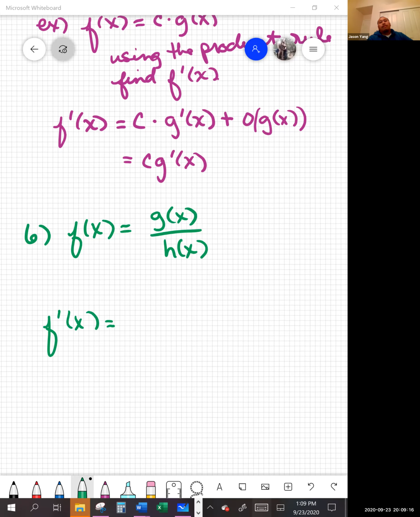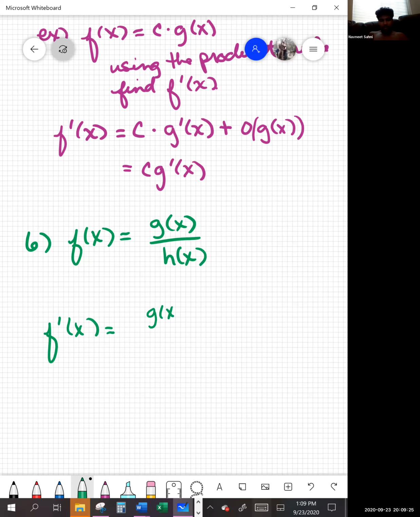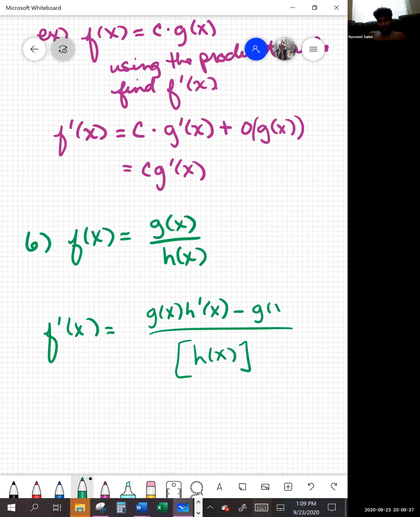Yeah. So subtraction. g of x times the derivative of h of x minus the derivative of g of x times h of x over, pretty sure, h of x, is it squared or something like that?